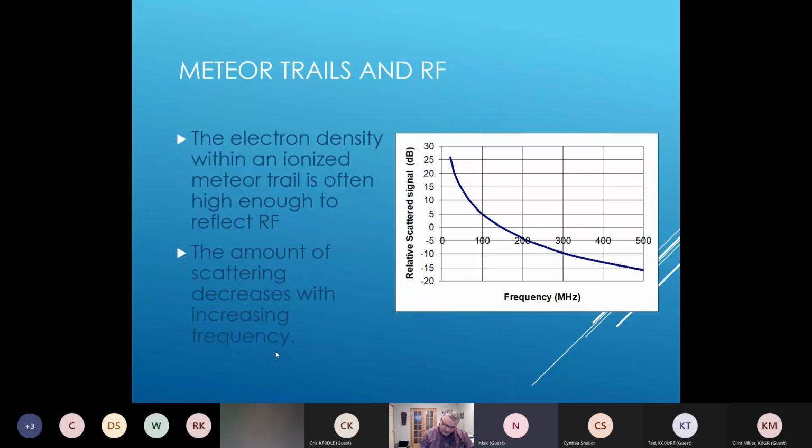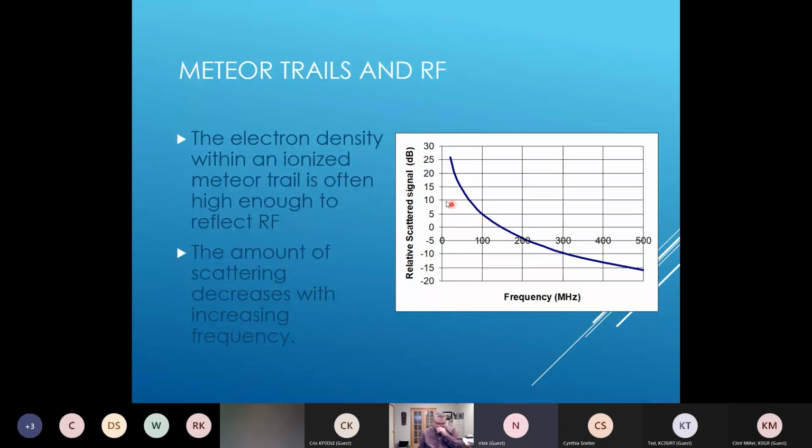Now, the higher the intensity of the ionized trail from the meteor, the higher the electron density and the more we can do with the RF. If we look at this particular slide, what we see is that the electron density depends on increasing frequency.